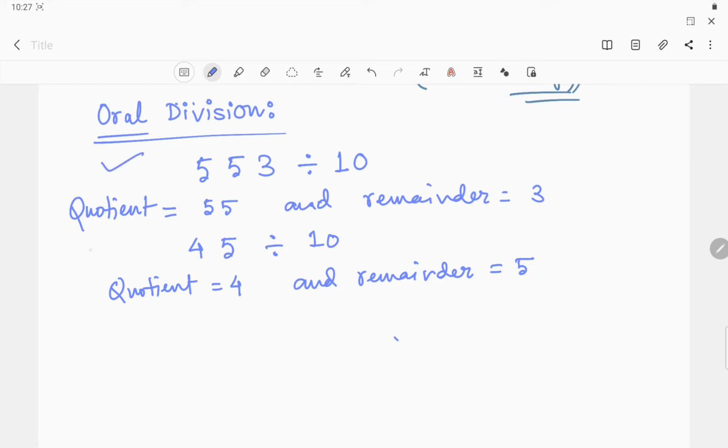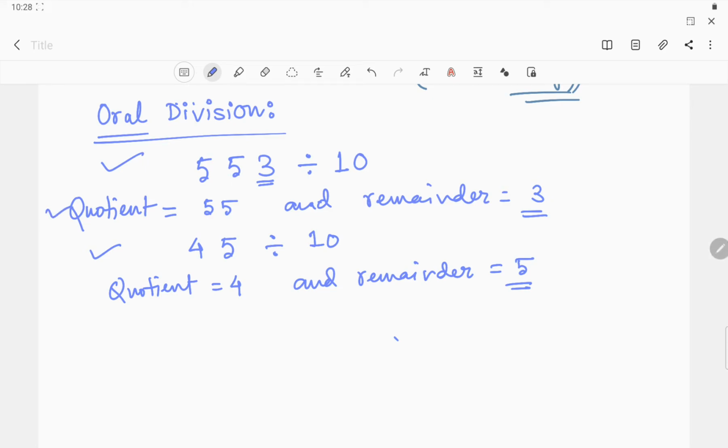So if you check these problems, you can see that when you are dividing by 10, the digit in the ones place is your remainder, and the remaining part is your quotient.